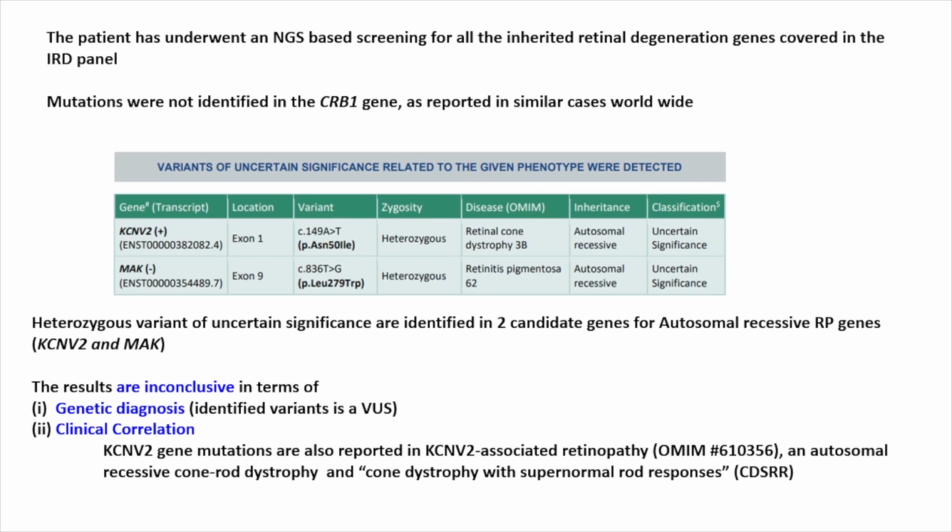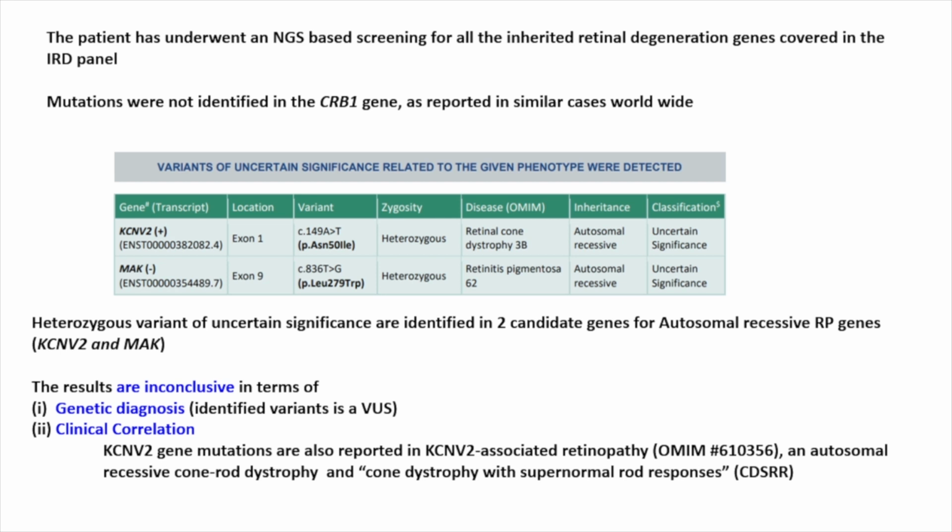Now if you try to correlate this finding with the index case family history, this result is not conclusive, because here we observe a heterozygous variant in both the genes. Considering the disease as a sporadic event based on the family history given, where there is no consanguineous marriage and no other family members affected, the inheritance pattern is more favorable for either an autosomal recessive or a sporadic event.